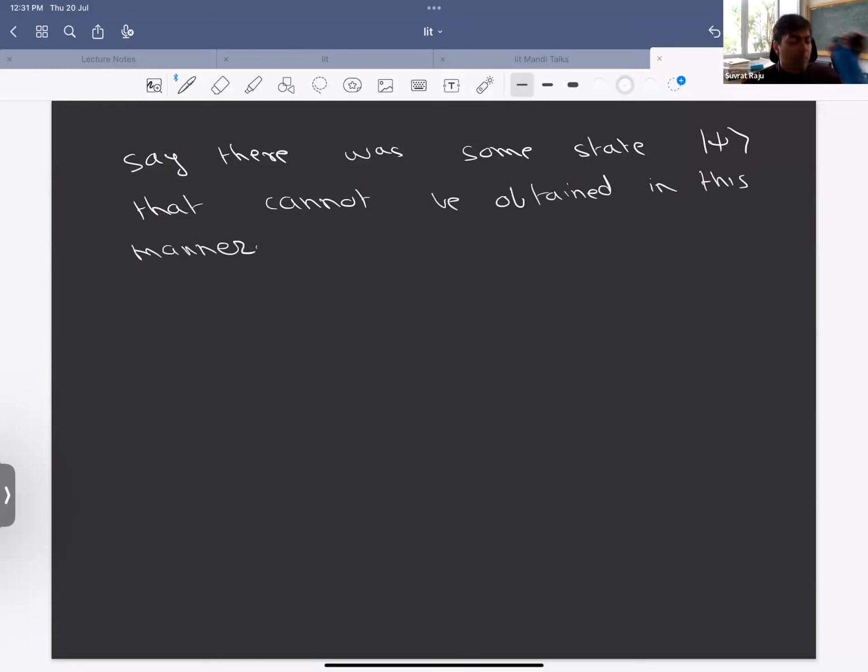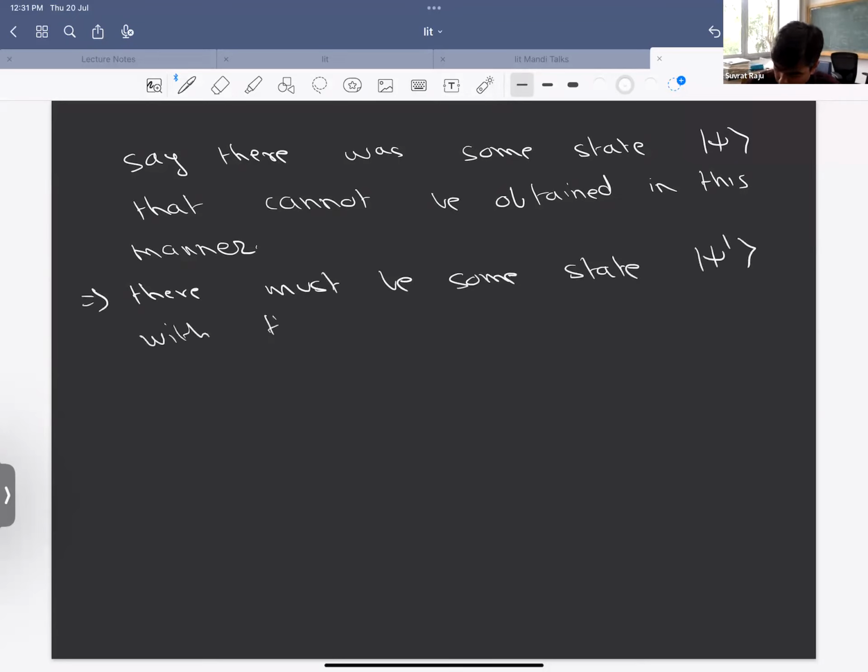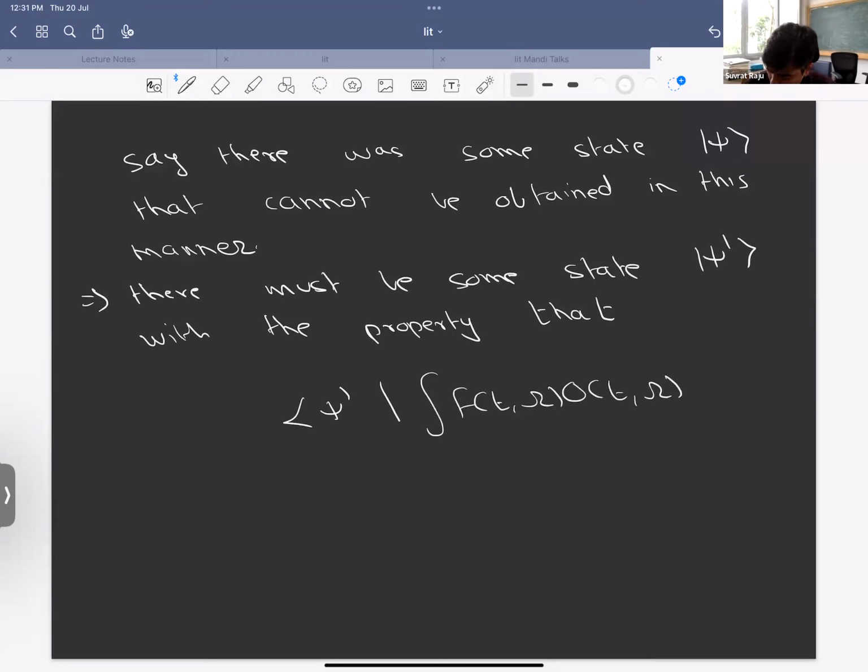Okay. So there must be some state psi prime with the property that psi prime is in fact orthogonal to all these states, for all F with support in 0 to epsilon.